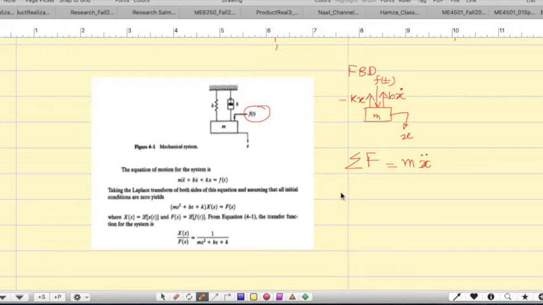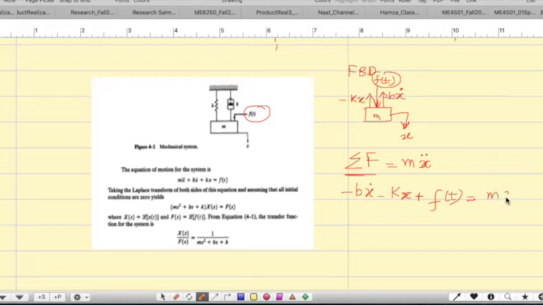I would start from negative b x dot, negative k x, and then positive f of t. Why positive? Because this force is in the same direction as that of the mass displacement. That's why it is a positive sign. You should keep the sign convention consistent with the coordinate. So these are the three forces acting on this mass.